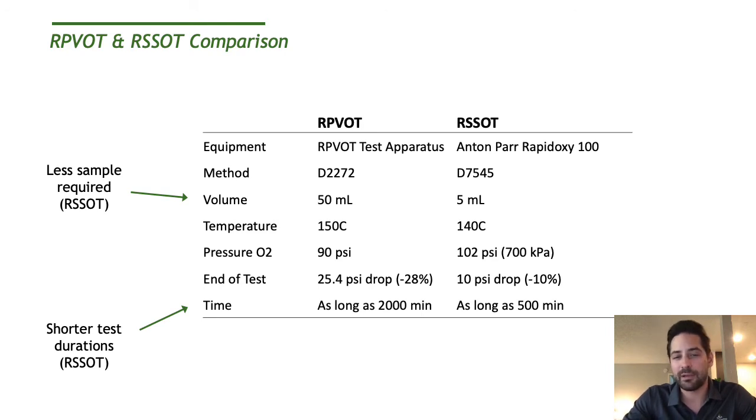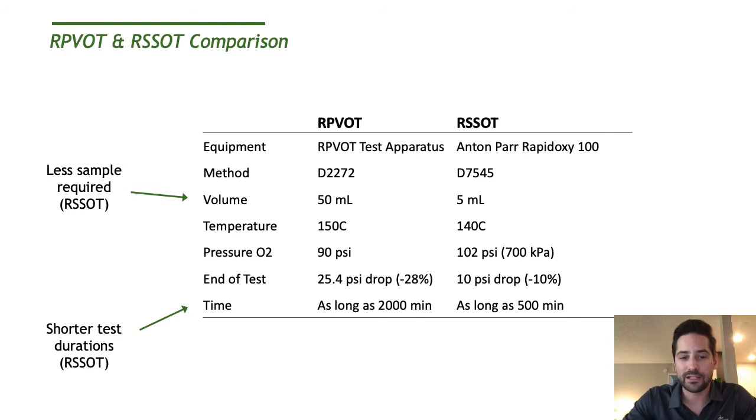The temperatures are about the same, 150 C for RPVOT, 140 C for our SSOT. Again, also the pressure of oxygen is about the same as well, 90 psi for RPVOT, 100 psi approximately for our SSOT. How you define the end of the test is a little bit different between RPVOT and RSSOT.